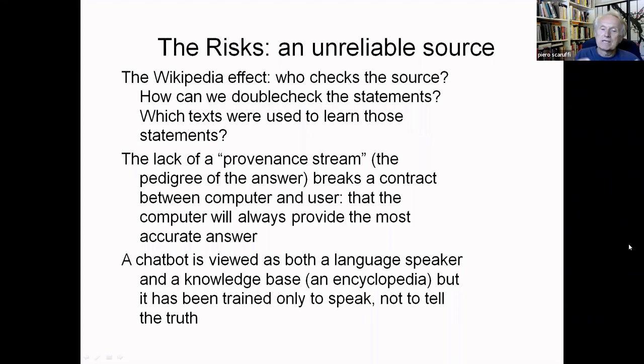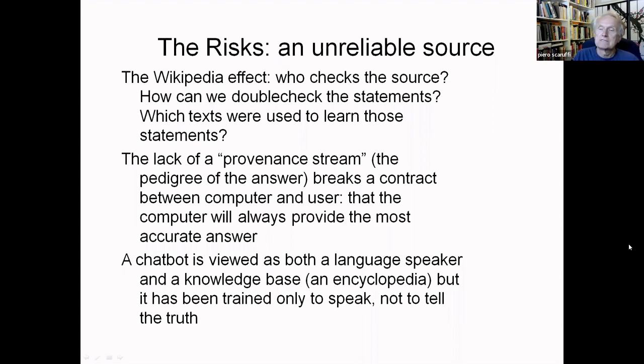This breaks a contract between computer and user. The contract between the computer and the user for 70 years was that the computer will always provide the most accurate answer. And maybe the Google search engine already started breaking that contract, but this definitely does, there's nothing in the system that guarantees this is the most accurate answer.